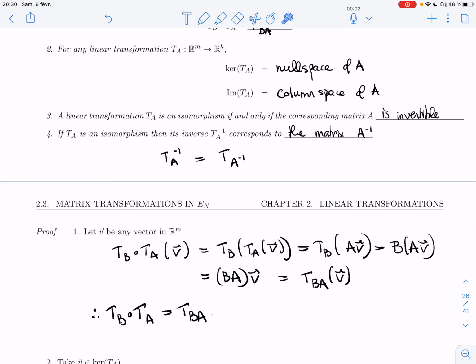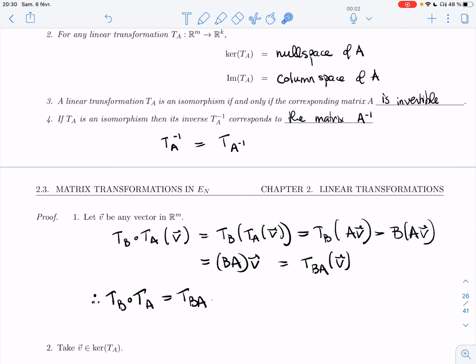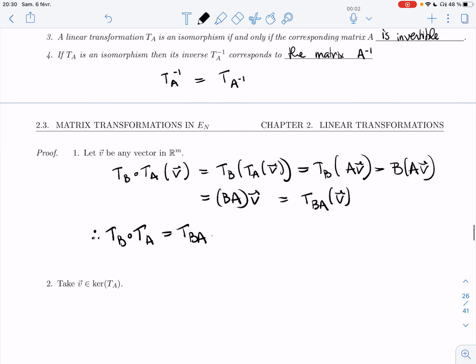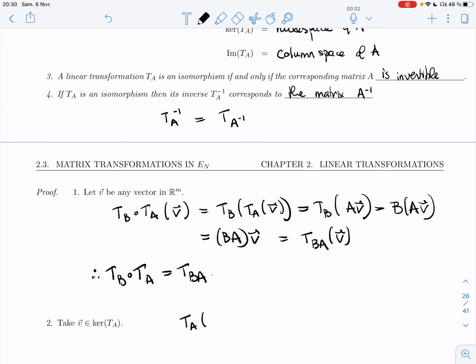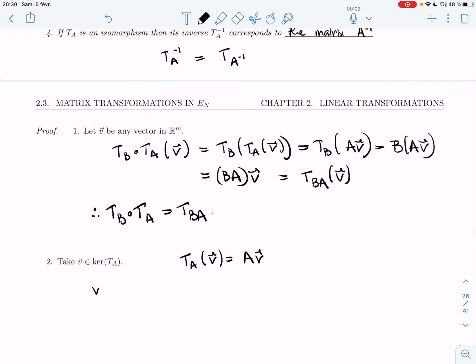All right, so let's prove property 2. For any linear transformation, the kernel of T_A is the null space of A. So I'm going to take an element in the kernel, and I'm going to show that it is in the null space. T_A of v is Av. v is in the kernel if and only if T_A of v is 0.